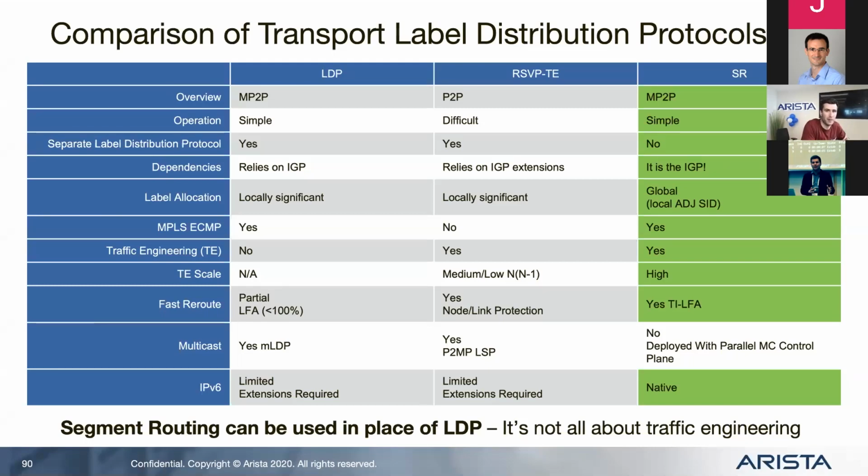By using MPLS in the WAN or within your DCI, you can retain that segmentation and also leverage all of these benefits here by using segment routing. Or, like I said, you can use RSVP-TE, you can use LDP, but segment routing seems to be the way that many people are going nowadays.